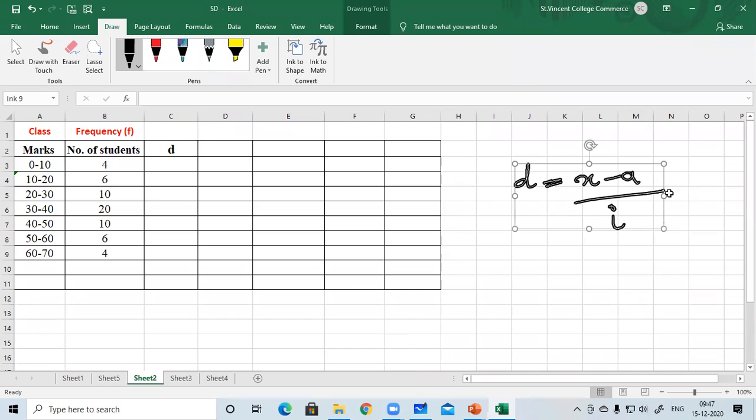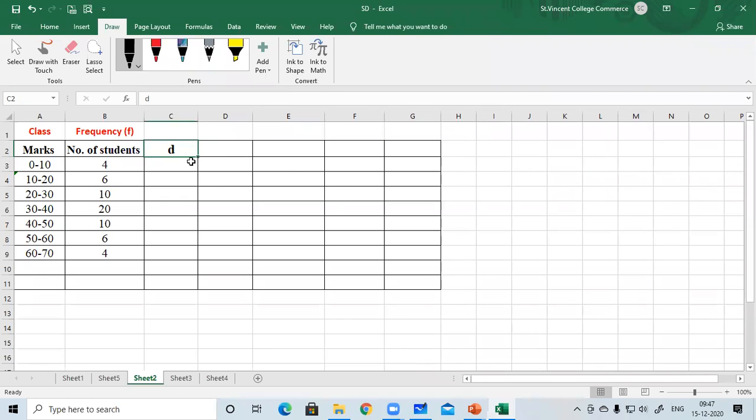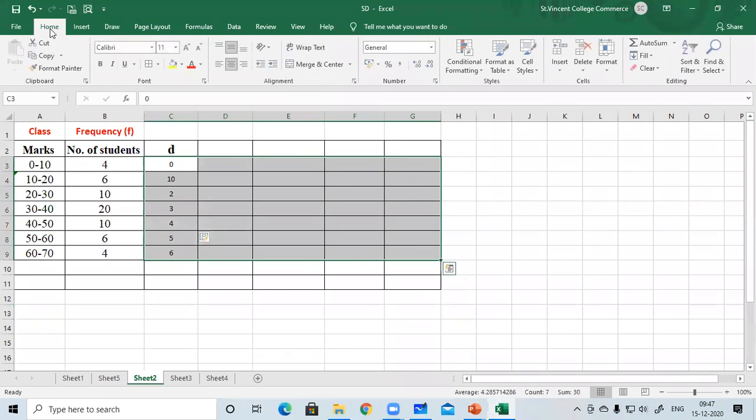D is equal to x minus a upon i. But we are not going to do that. I told you one shortcut earlier. And that shortcut was, whenever you're finding D, simply start writing 0, 1, 2, 3, 4, 5 and 6. That's all you have to do. You don't have to make any other efforts. That's all, and it works. Don't worry about it.